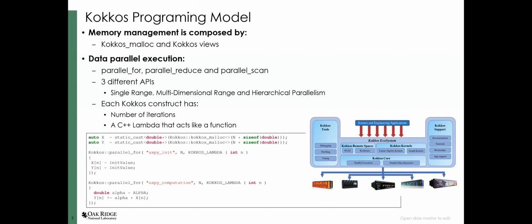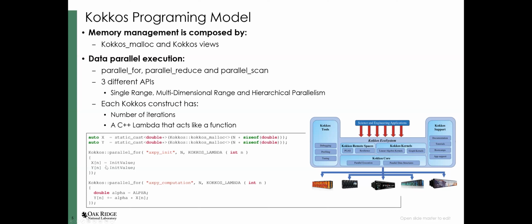So Kokkos is all about the use of lambdas. The lambdas are passed as arguments in these parallel constructs, like parallel for or parallel reduce. At the bottom, we can see a relatively simple example code for Kokkos, where we are doing an AXPY operation, a level 1 operation. First, we allocate the memory.